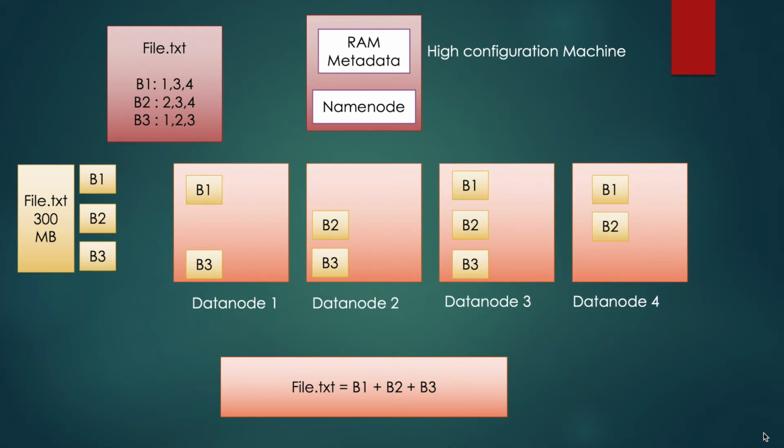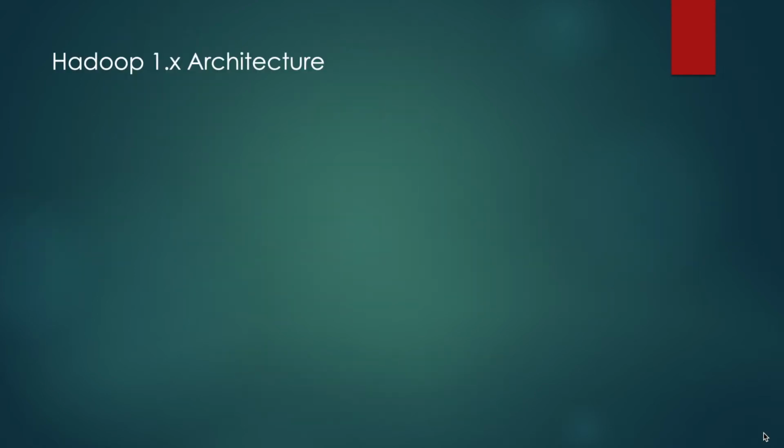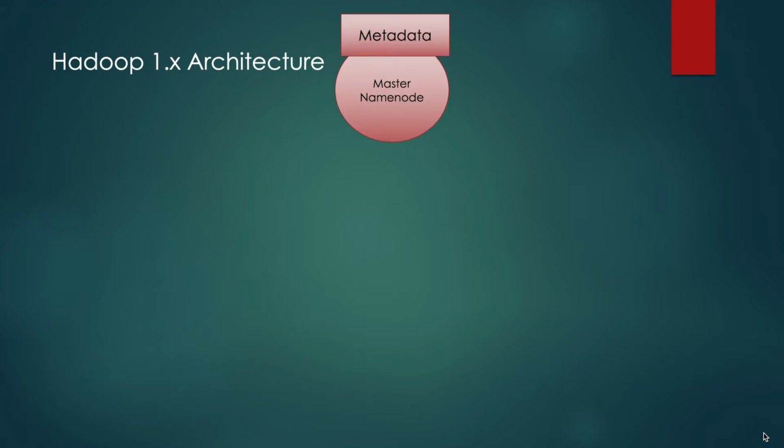Now that we have seen what is name node and data node in Hadoop, let us see the architecture of Hadoop. Hadoop follows the master slave architecture, where the master is the name node which contains all the metadata, and the slaves are the data nodes.